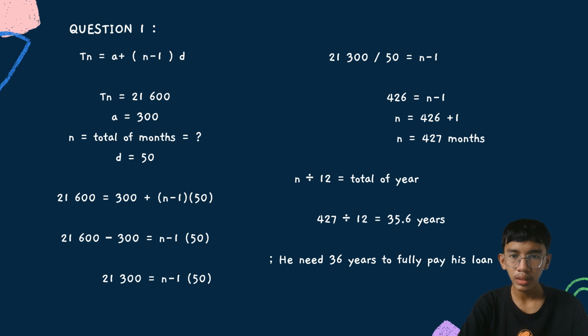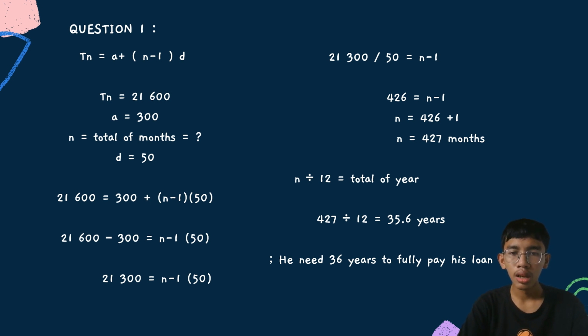We use that information in the formula, so we get 21,600 ringgit equals 300 ringgit plus 15 in the bracket n minus 1. We must search for the total number of months for him.